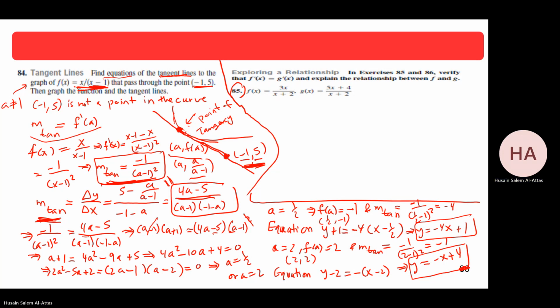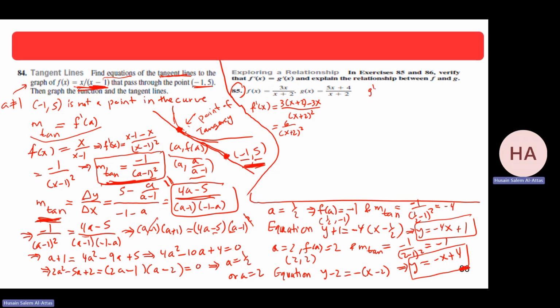Okay. Exploring a relationship. An exercise: verify that f prime equal g prime and explain the relation between this. Let me do it quickly. F prime is what? Derivative of the numerator, which is 3 times x plus 2 minus 3x over x plus 2 square. And that is 3x minus 3x gone, 6 over x plus 2 square.